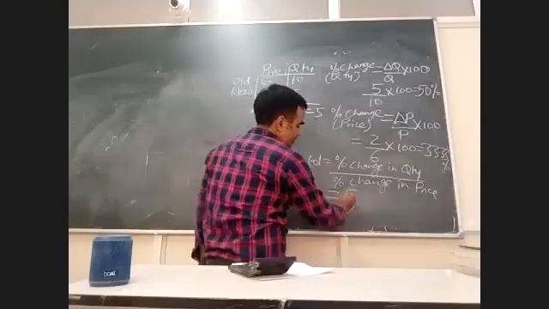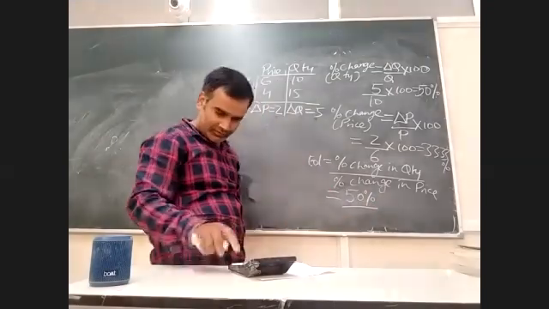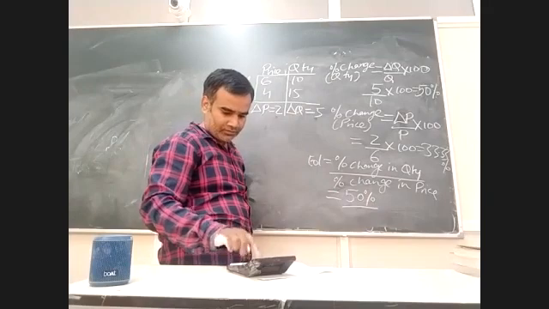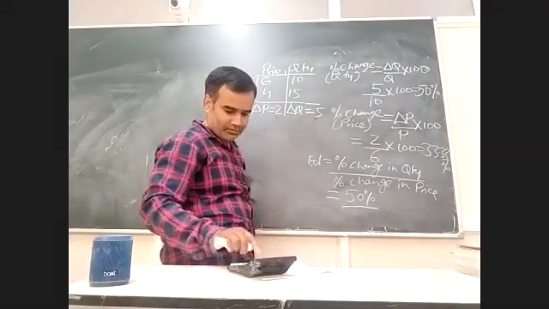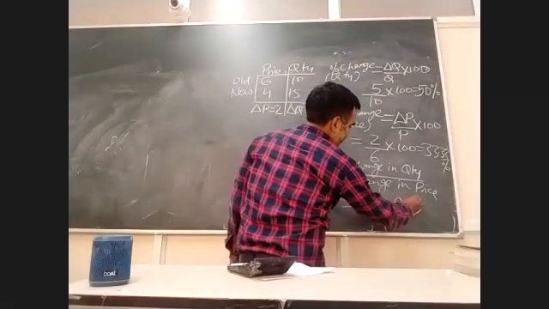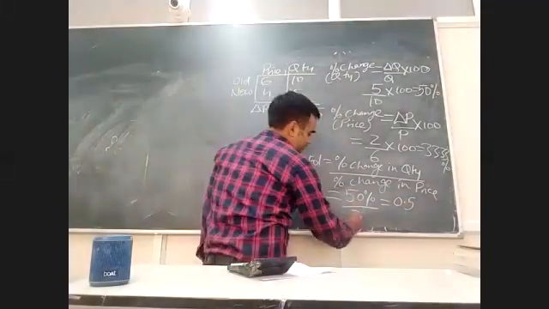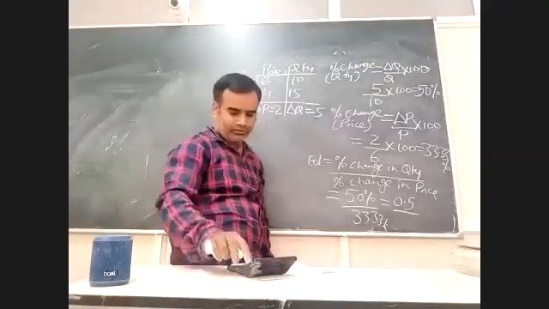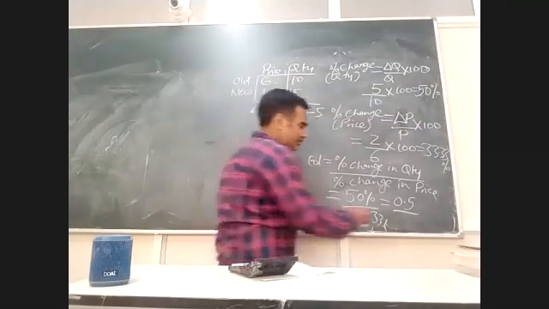So 50% will be 0.5, and 33.33% divided by 100 is 0.3333.